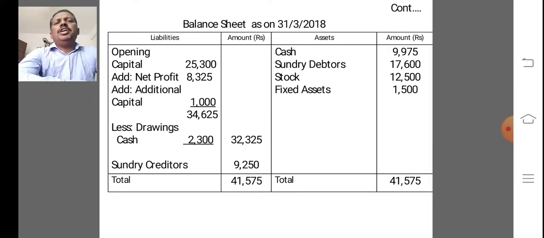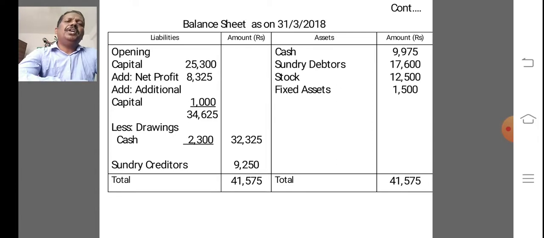And finally we prepare balance sheet as on 31/3/2018. On the right side we are entering assets, on the left side we are entering liabilities. Come to the liability side, we are entering first opening capital 25,300.